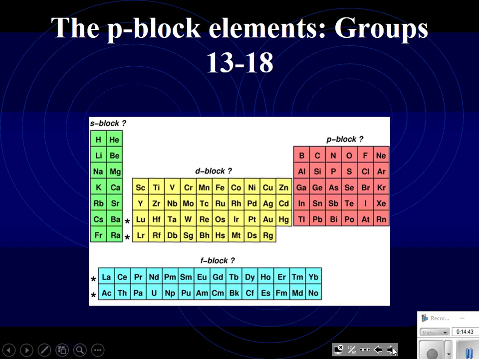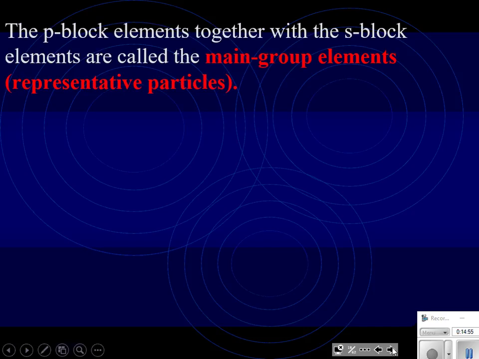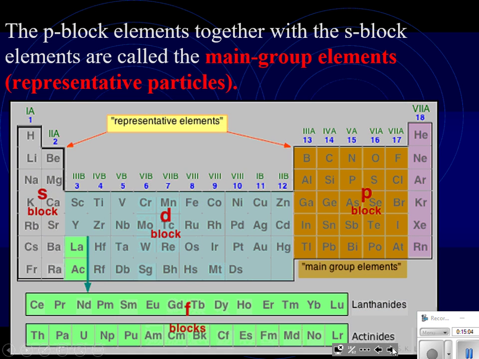The P block of elements, groups number 13 through 18. Now this diagram's just showing you the S block and the P block.